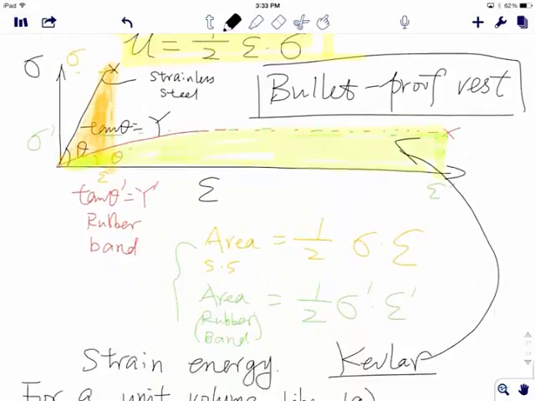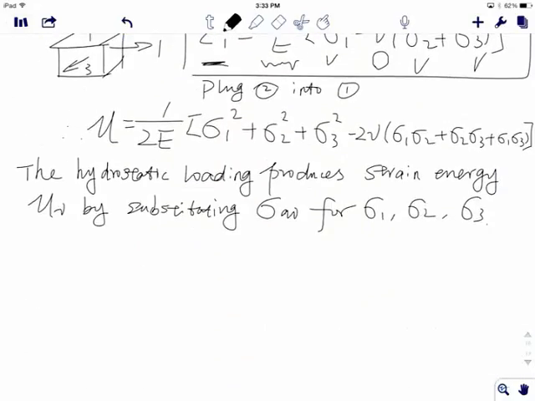So the strain energy of the hydrostatic loading is just equal to 3 sigma average squared divided by 2E, times 1 minus 2V.